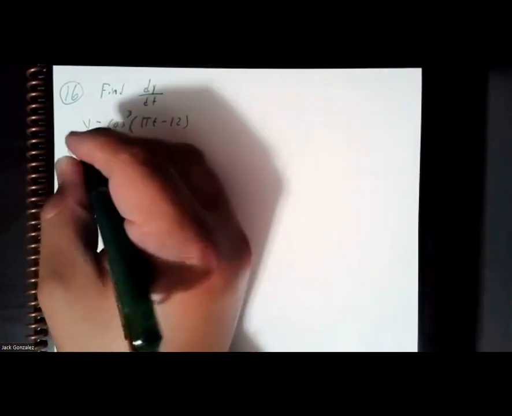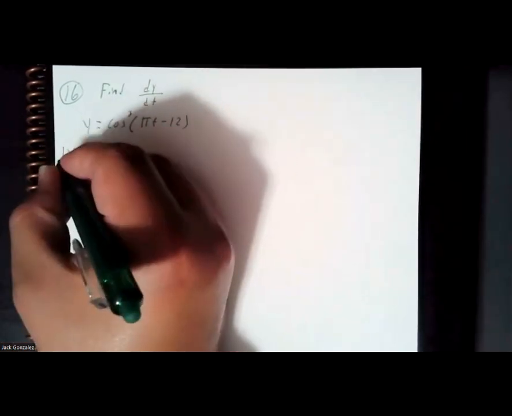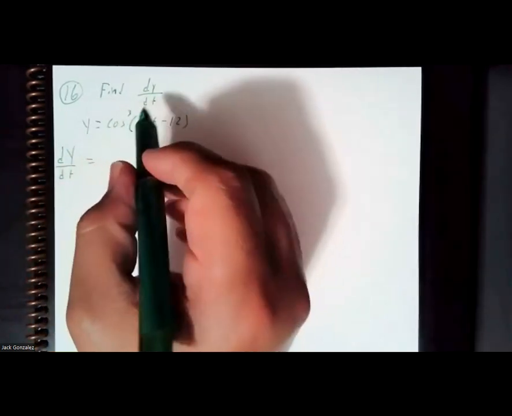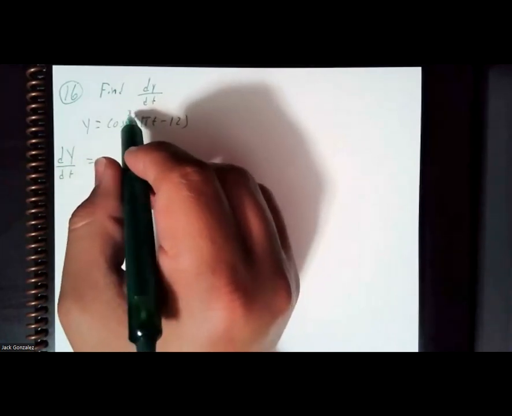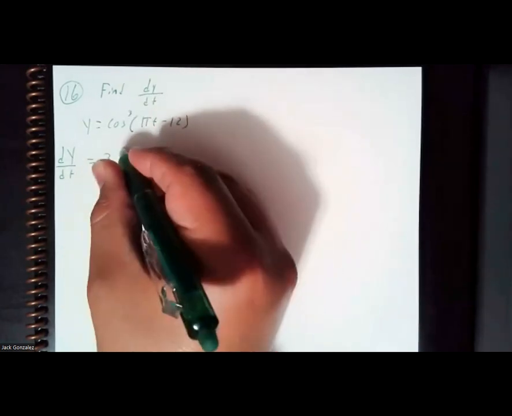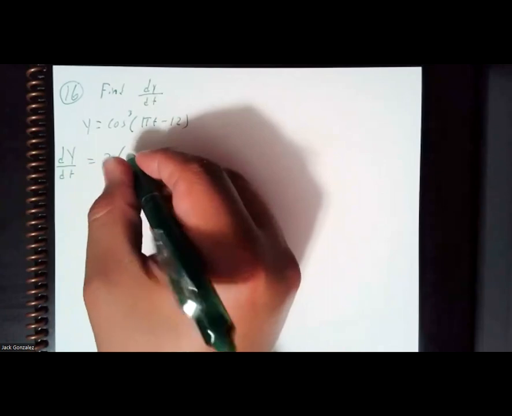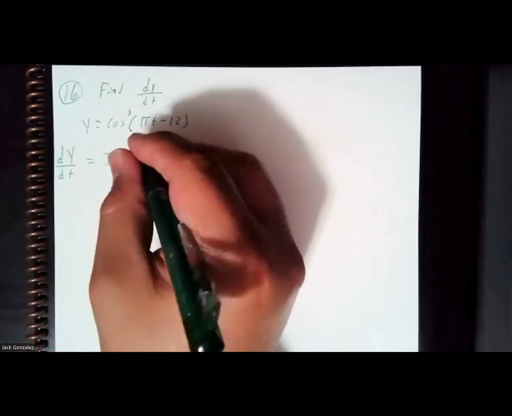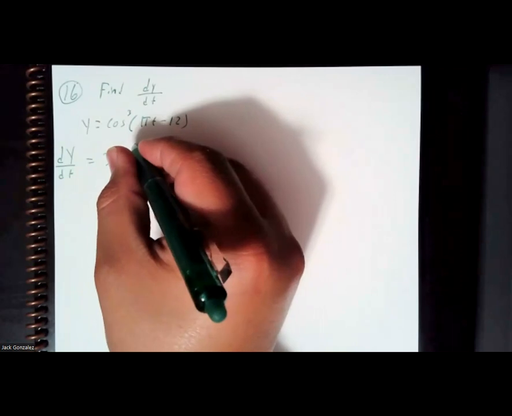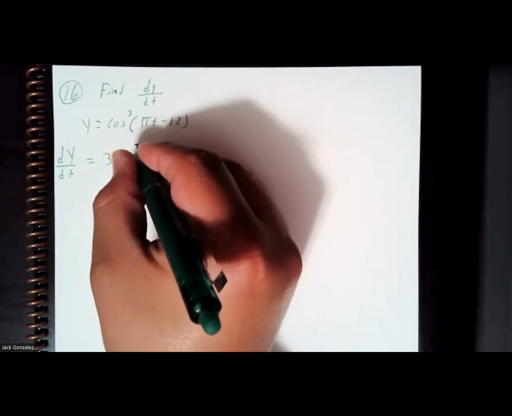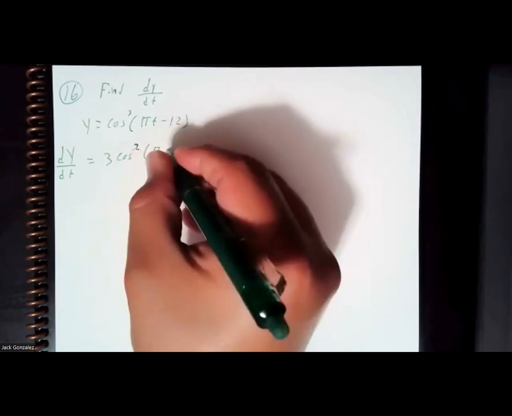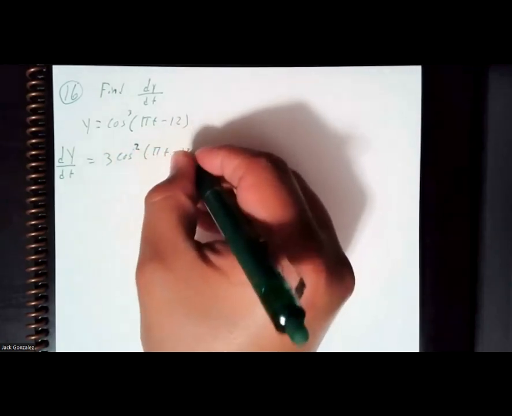All right. So dy/dt will equal... the outermost function is that cube. So you first do the cube. You bring down the 3, subtract 1, and then work your way in.